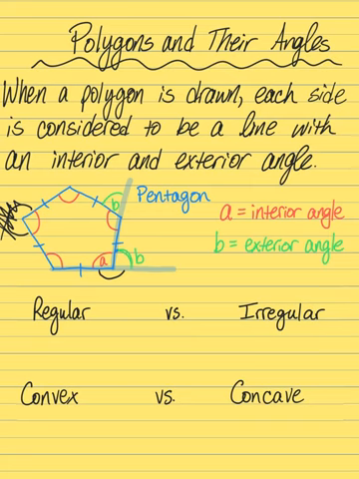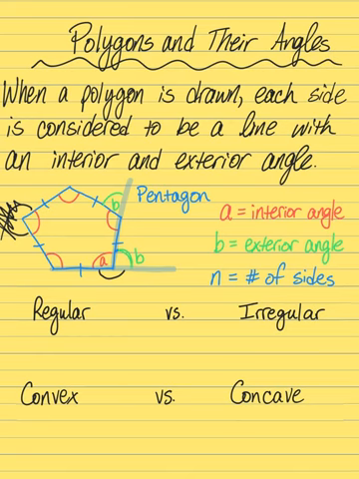One of the other things that we're going to talk about is numbering your polygon. In this case, I've already said that I have 5 sides here. We're going to use the letter N to represent the number of sides in a polygon. In this case, I have 5 sides, so my N would be equal to 5 here.